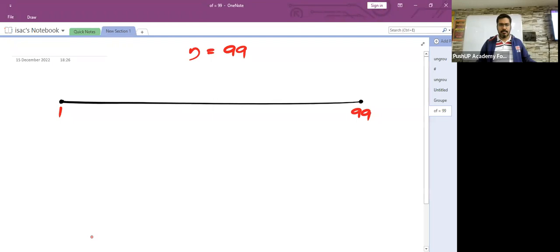If I ask you what will come in the middle of this number line, which number will come exactly in the middle of this number line? 55. How many will say 49?